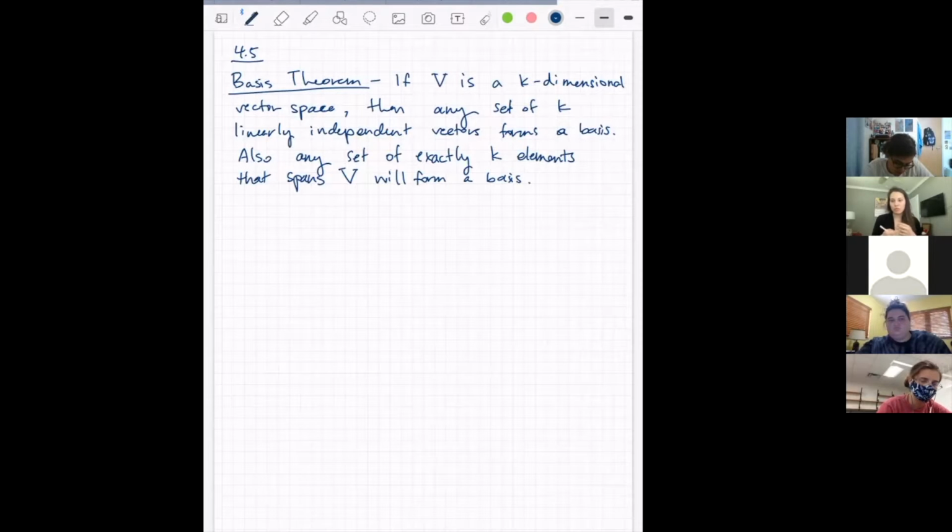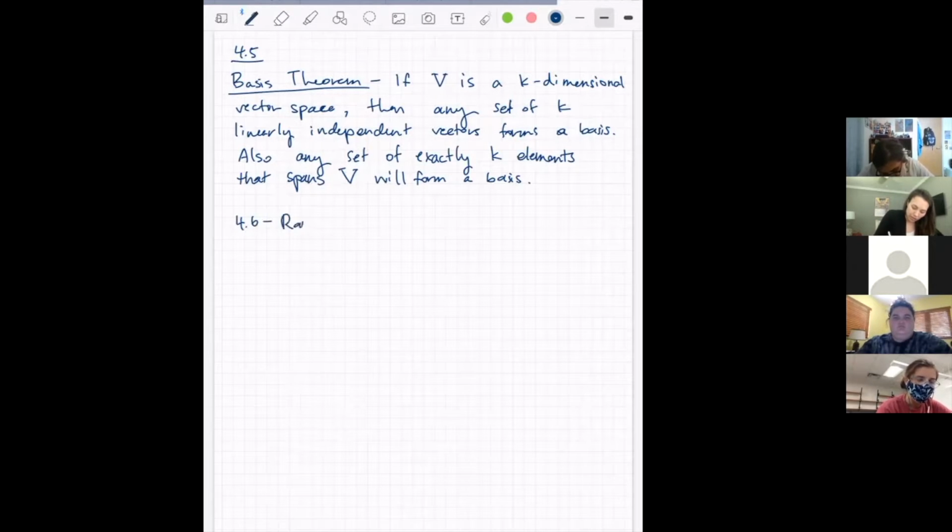So we only need to check one or the other, so long as we know the dimension of the space and we know that the number of vectors in the set we're checking matches the dimension of the space. We're not going to prove this one. I think we did go over this in an earlier section, but this was all we needed to cover from 4.5.